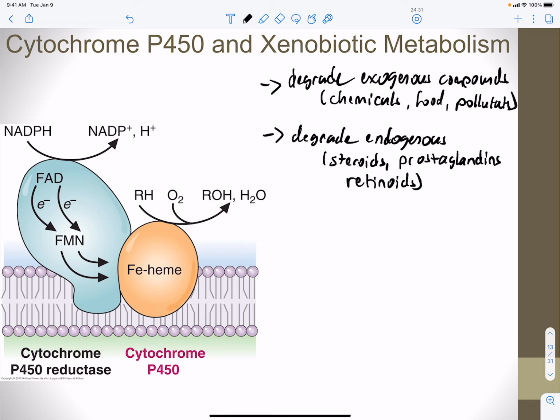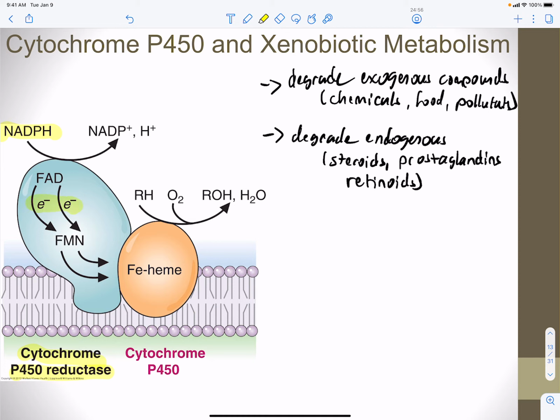And so the flavoproteins, which are the cytochrome P450 compounds, they have the NADPH. You also have your cytochrome P450 reductase, and this is, of course, where you're moving around those electrons.